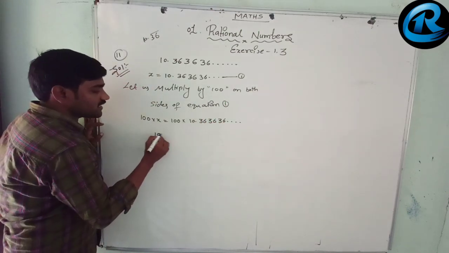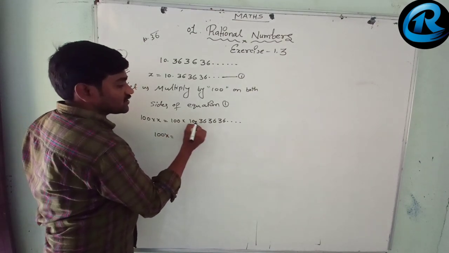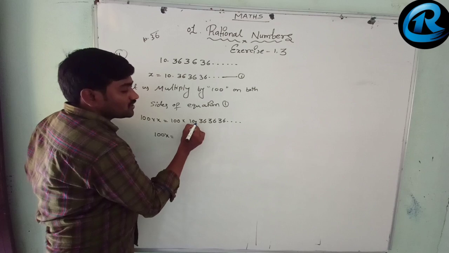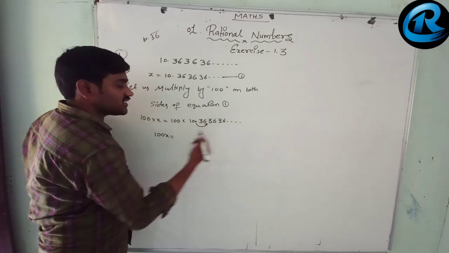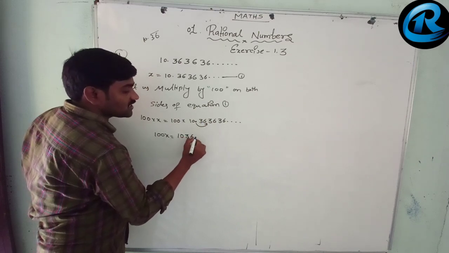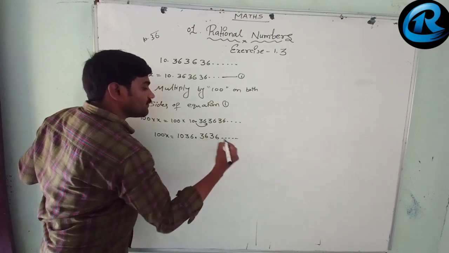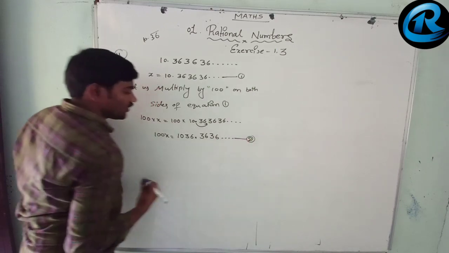So 100x equals 100 into 10.36. Here the decimal point moves 2 digits to the right side. It became 1036.3636 and so on. This is equation number 2.